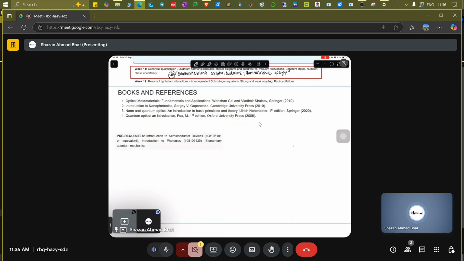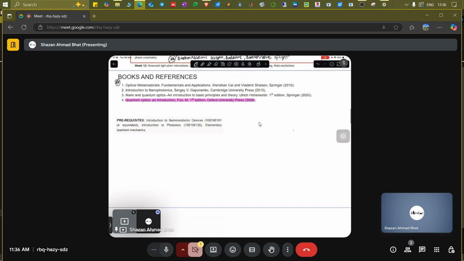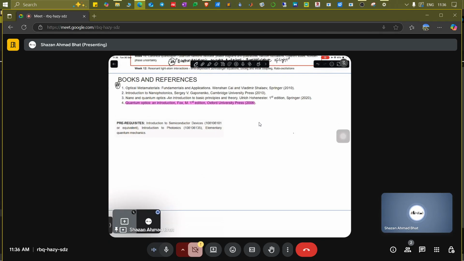These are the references in the books which you can follow. Particularly if you want to study basic quantum optics, you can refer to this book by Mark Fox. As per the ritual, this is a 2 hour session, so we usually take maybe 1 or 1.5 hours for revision.